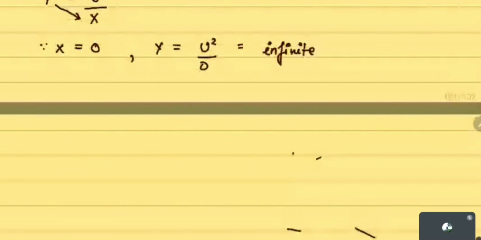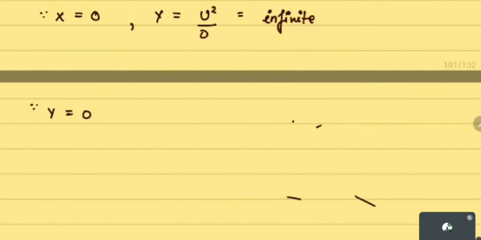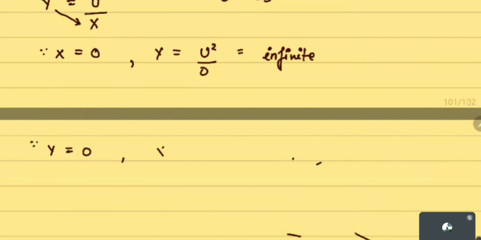Similarly, you can also do the same for good Y. If you say Y is equal to 0, you can reverse this and you will get, again, infinite. That means the ends of this curve are not touching the horizontal axis or the vertical axis.